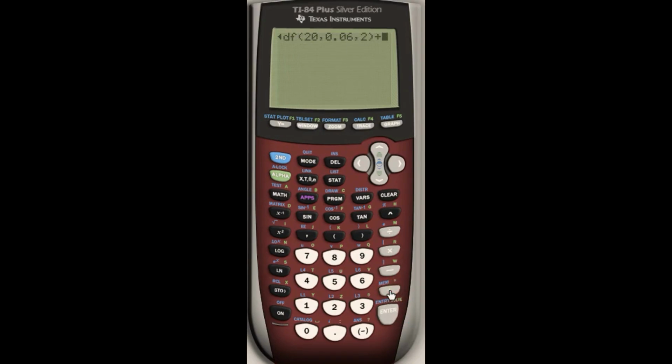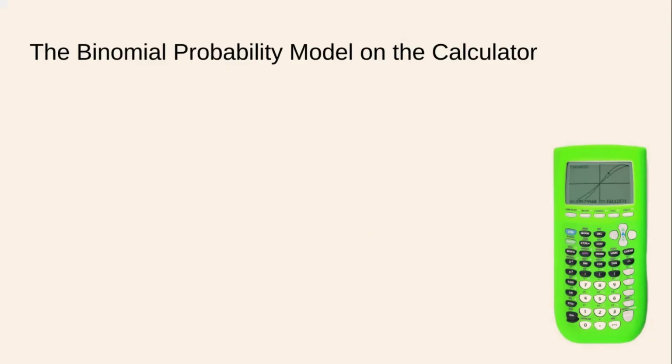We're going to add this to, let's do it again, distribution, go near the bottom. We have binom PDF, and we would say 20 trials, odds of success is 6%, and now we want 3 successes. We hit paste, and now we hit enter, and it's a little north of 31%.